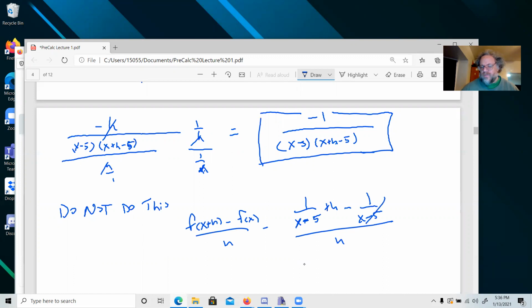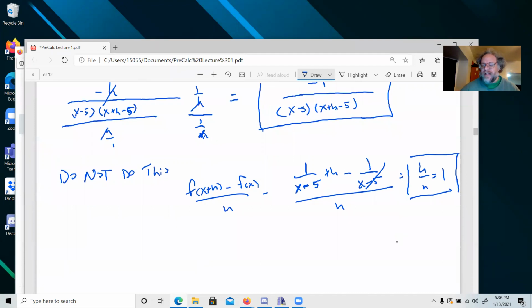Both those cancel, and we have h over h, and we end up with 1. If you write that on your exam, that is not going to end well for you. That's not quite the worst mistake you can make in life, but it's pretty close to it.